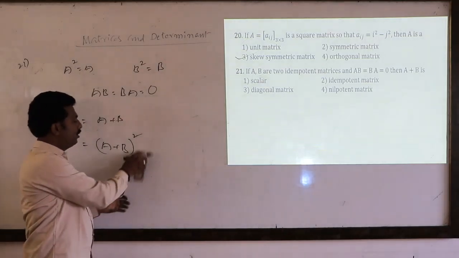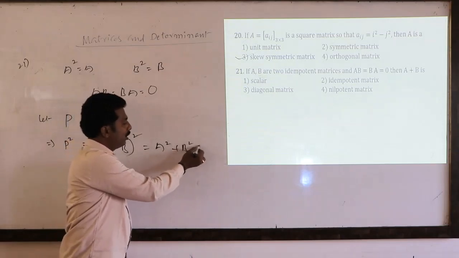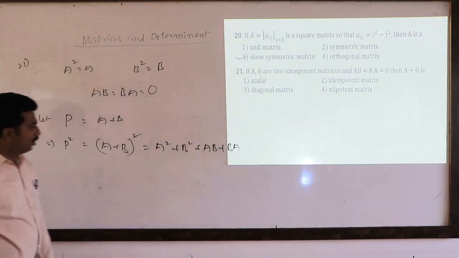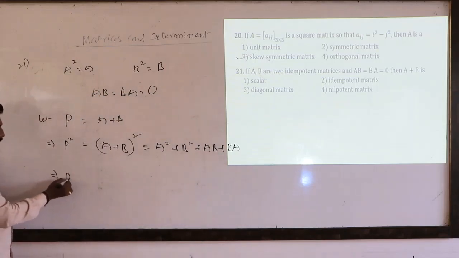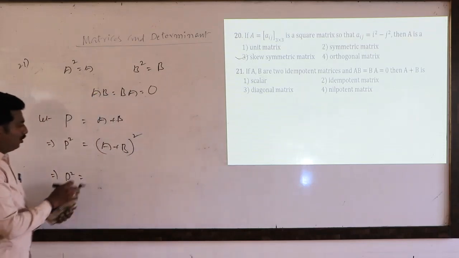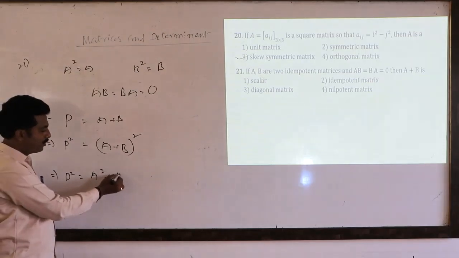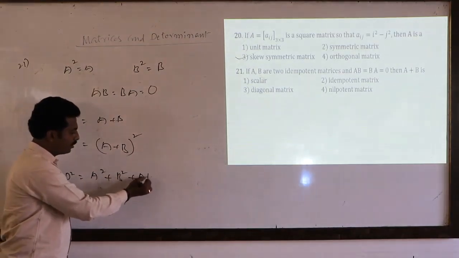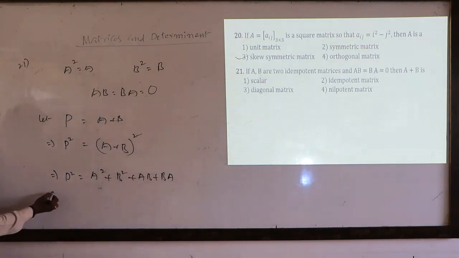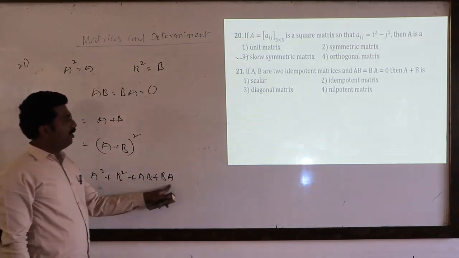This is A square plus B square plus AB plus BA. So from this, P square equal to A square plus B square plus AB plus BA.